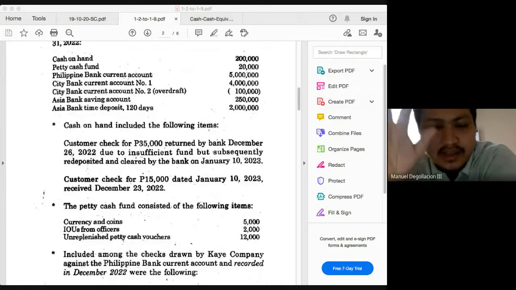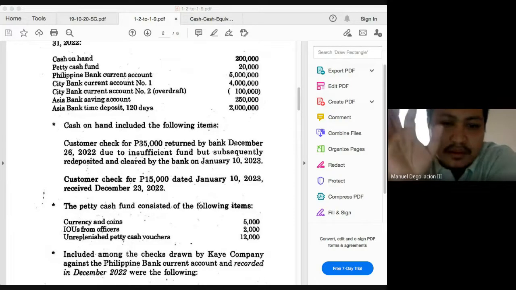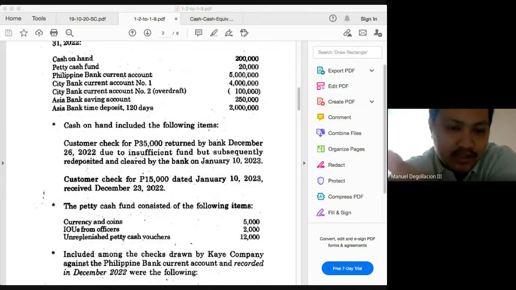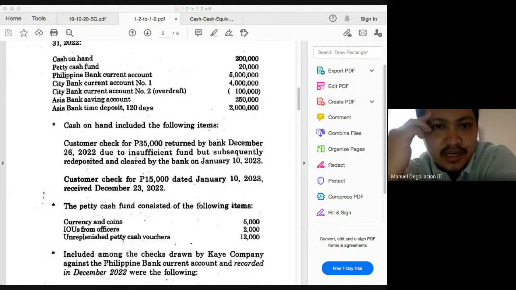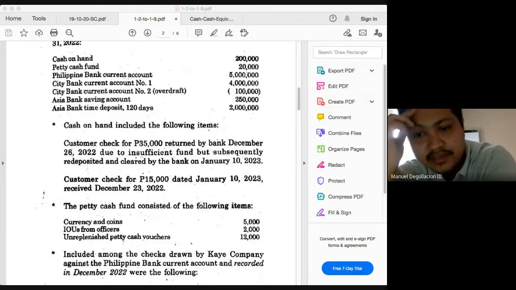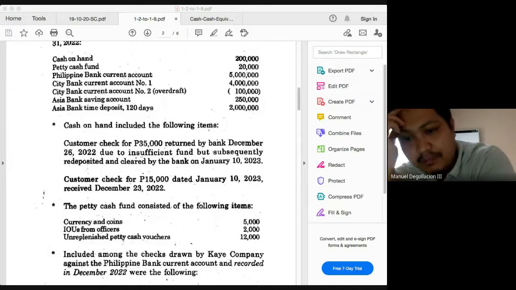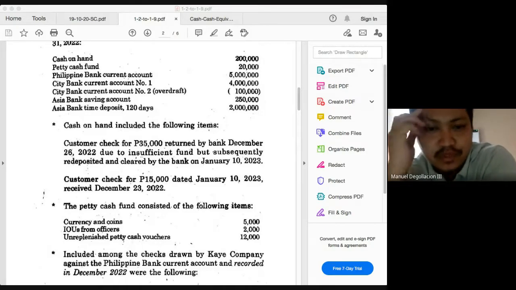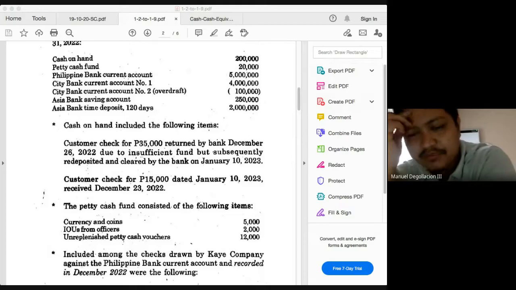And supposedly, everything that remains in the petty cash fund plus everything that was used from the petty cash fund should add up to 20,000. Okay, the cash that remains is only 5,000, and the accounted portion of our petty cash fund amounts only to 14,000. So the 5 plus 14 will only add up to 19,000.